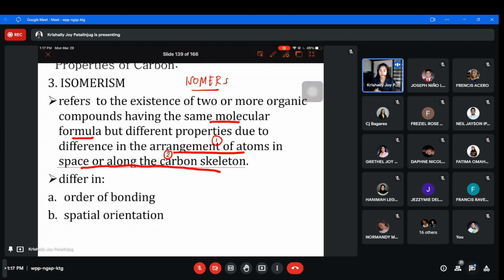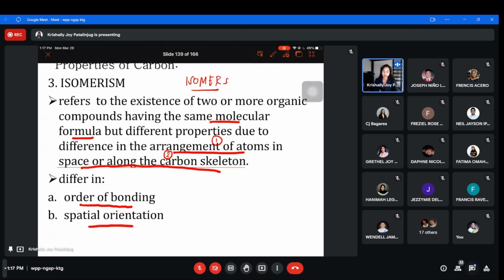Ito yung posibleng conditions natin bakit nagkakaiba yung structures ng mga isomers. Pwedeng nag-differ in arrangement of atoms in the carbon skeleton, so nag-differ sila sa order of bonding. Or differences sa arrangement ng atom in space, so nagkakaroon ng differences sa spatial orientation.